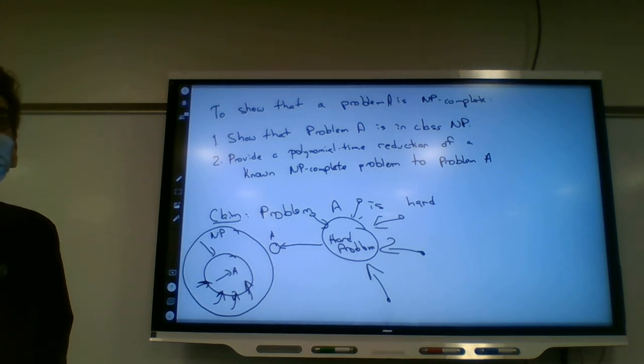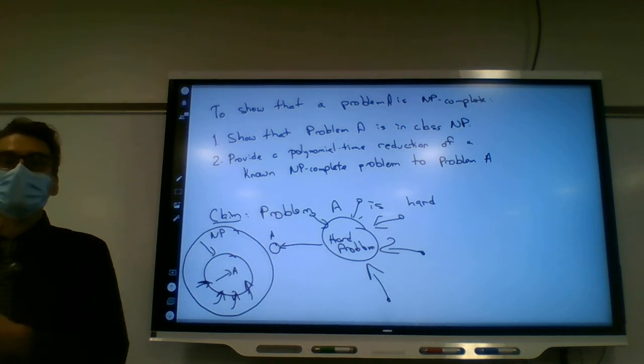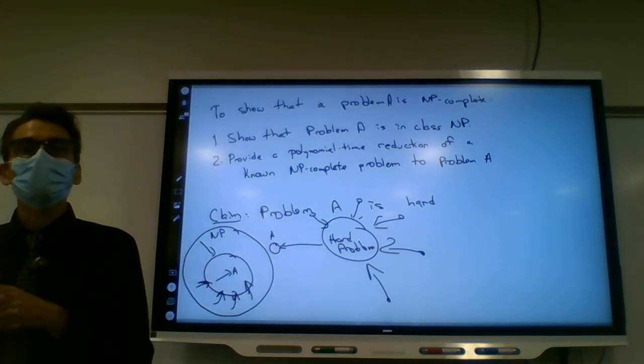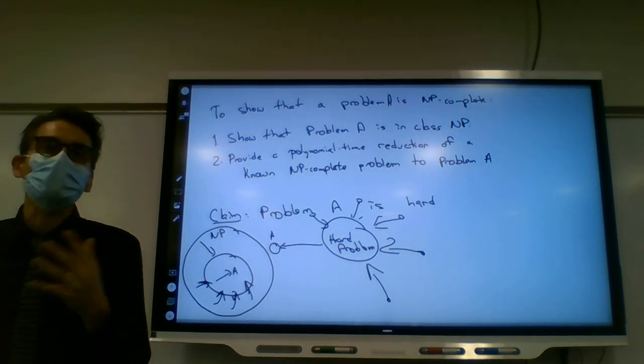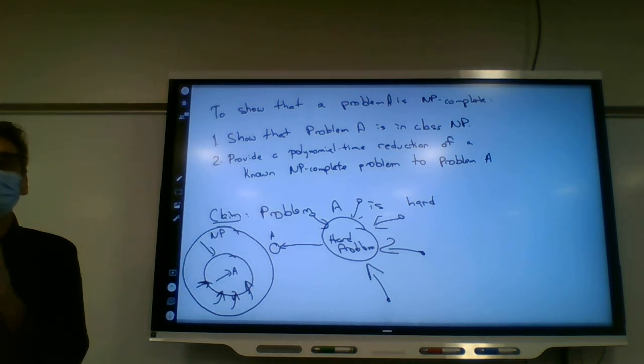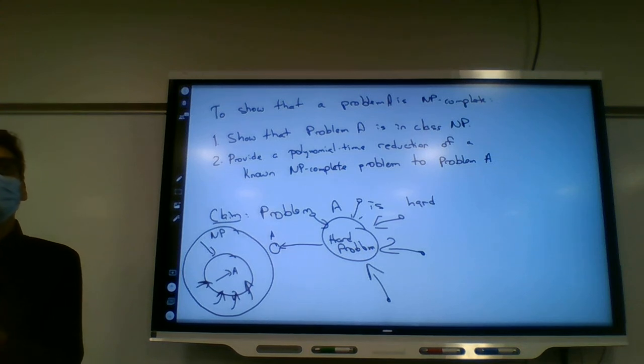Yeah. There are lots of problems in class P that are conceptually difficult, but are easy to program or easy to find a solution for, or at least relatively easy, if you know the pieces. So as far as polynomial time, the hardness of these problems is computational difficulty, not conceptual difficulty. There are things in all different places that are conceptually easy or difficult that might be in any of these categories.